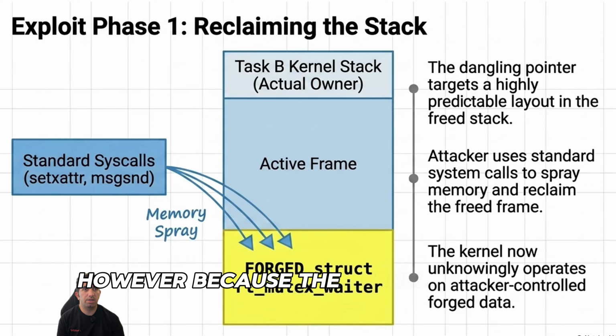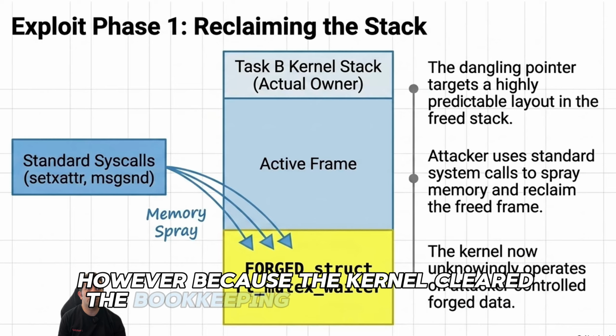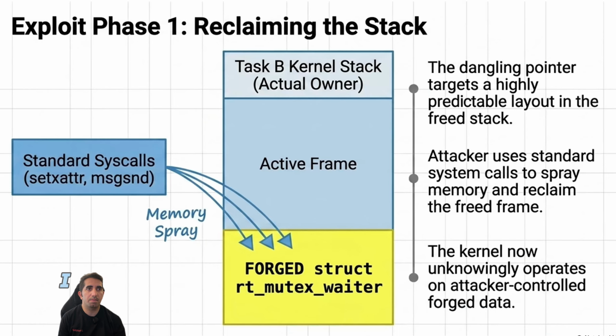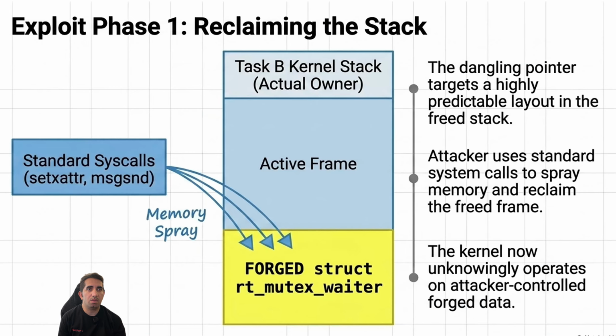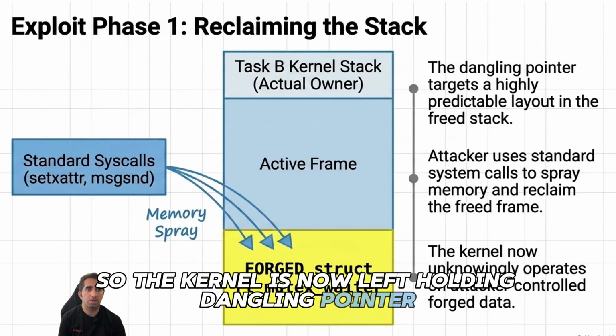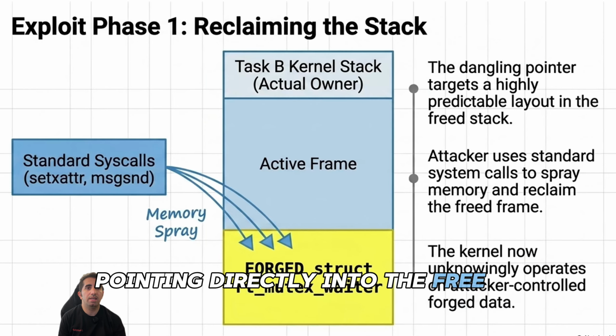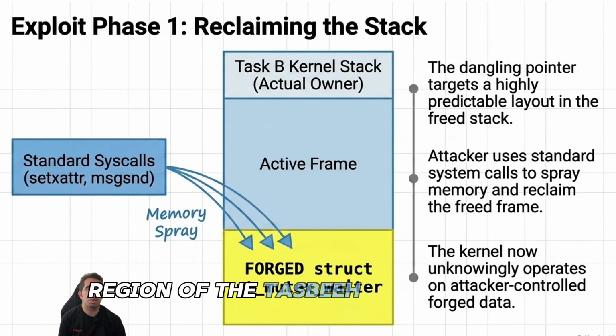However, because the kernel cleared the bookkeeping on the wrong task, I mean task A, the active kernel list still thinks task B's waiter structure is active and registered. So the kernel is now left holding a dangling pointer pointing directly into the freed, inactive region of task B's kernel stack.